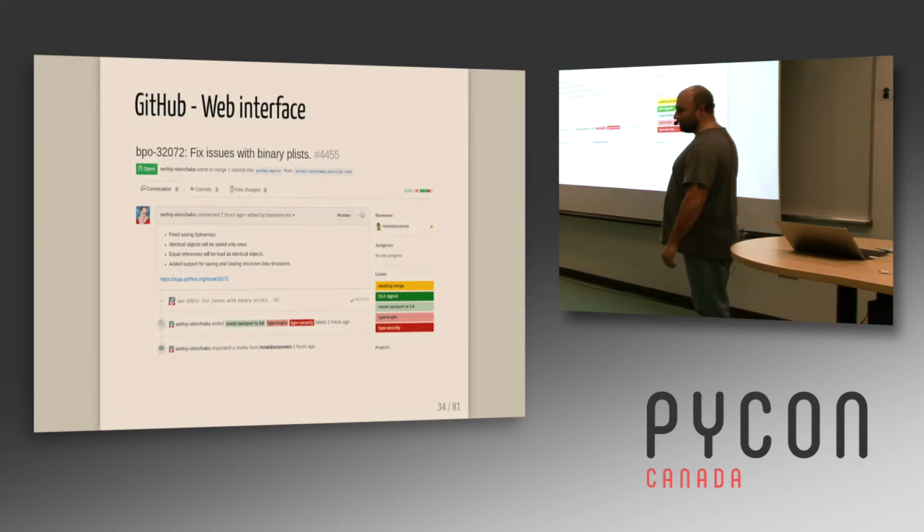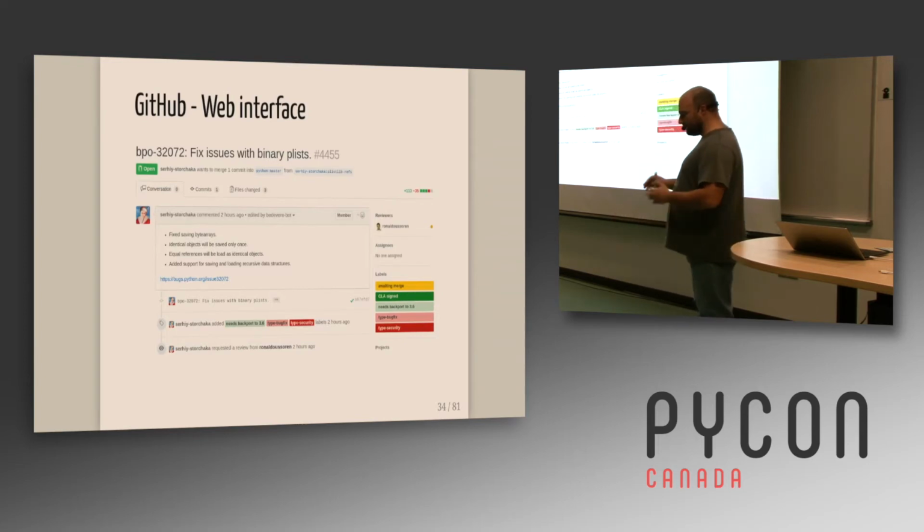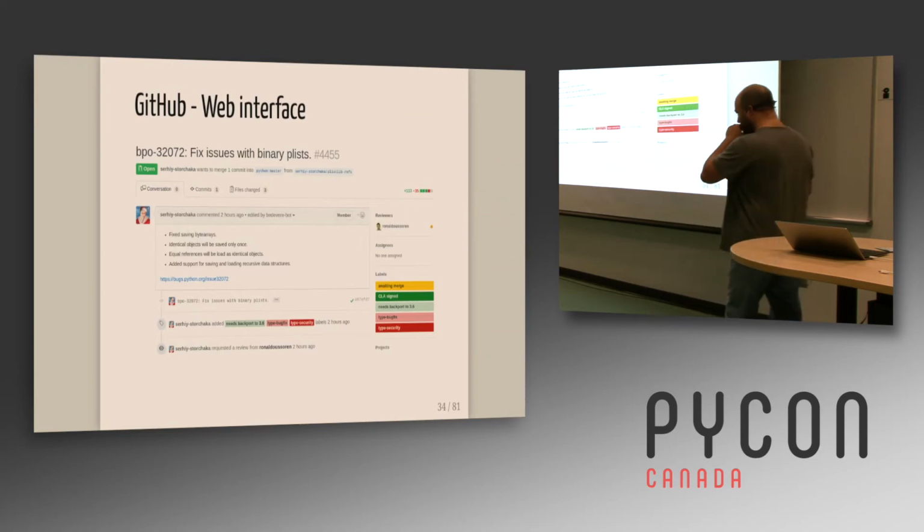This description is available with the commit, not only by the core dev, but by any developer. That was a bottleneck before. We have the reference to the bug tracker and some labels, like awaiting merge, CLA signed, need backport to 3.6. These labels are really awesome.